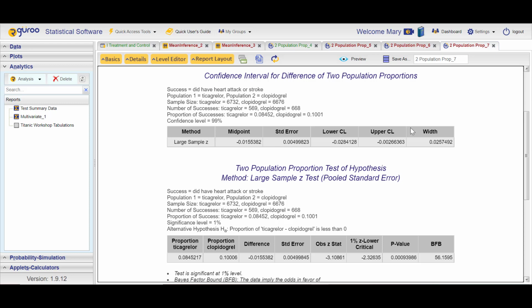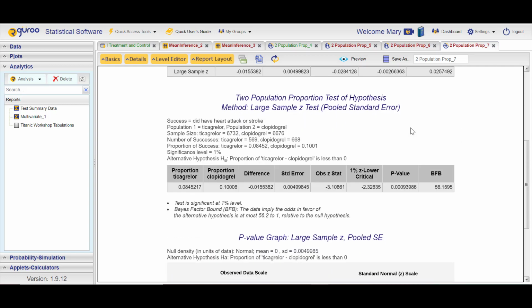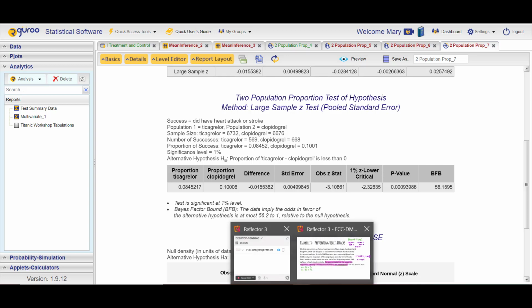I'm going to write that down. Negative 0.0284 and negative 0.0027. And then the p-value is 0.0009. Okay.